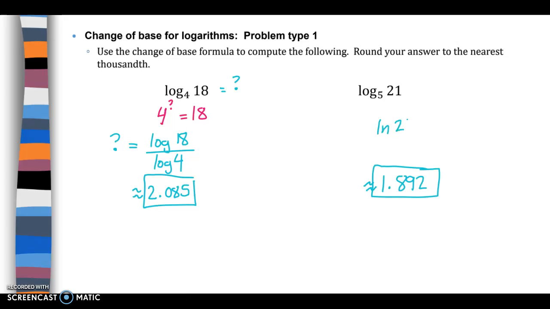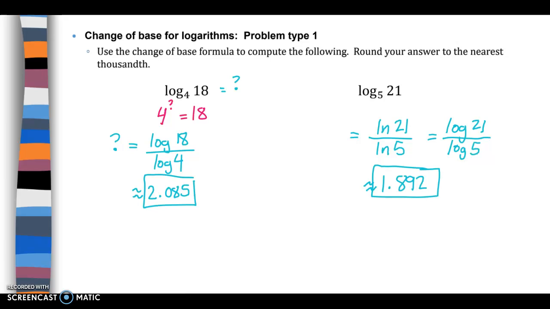I'm going to go ahead and write down my work here. This is going to be equal to the natural log of 21 over the natural log of 5. So on the left hand side I use the log, on the right hand side I use the natural log, but this is also equal to the log of 21, so log base 10 of 21 over log base 10 of 5.